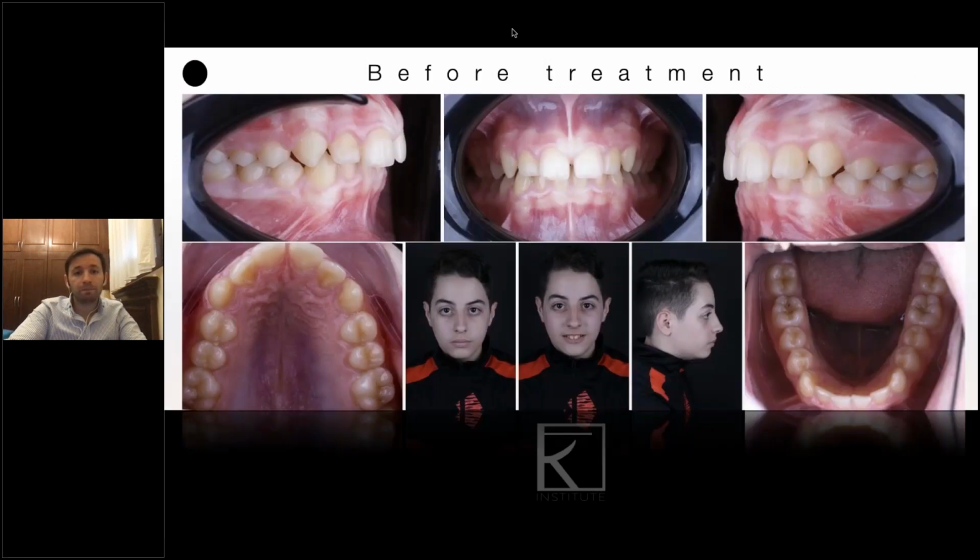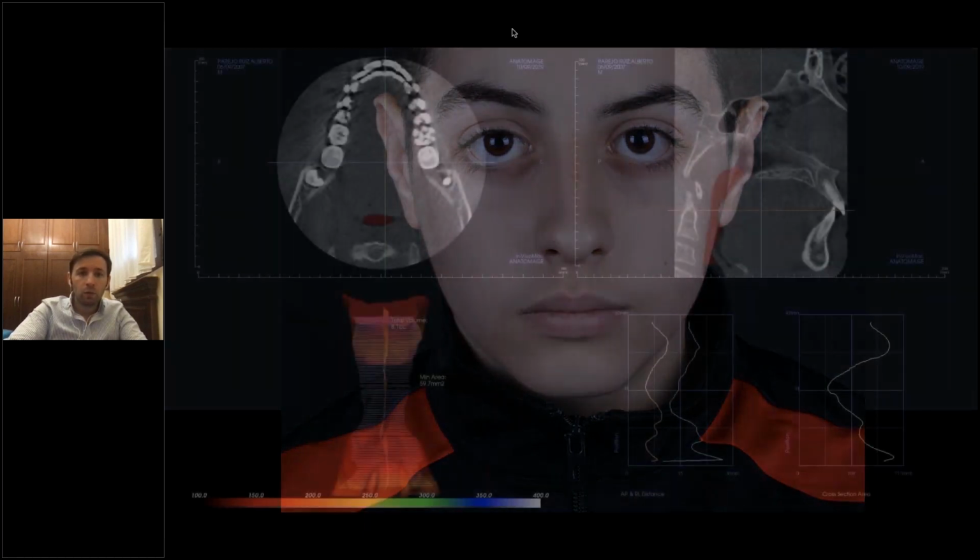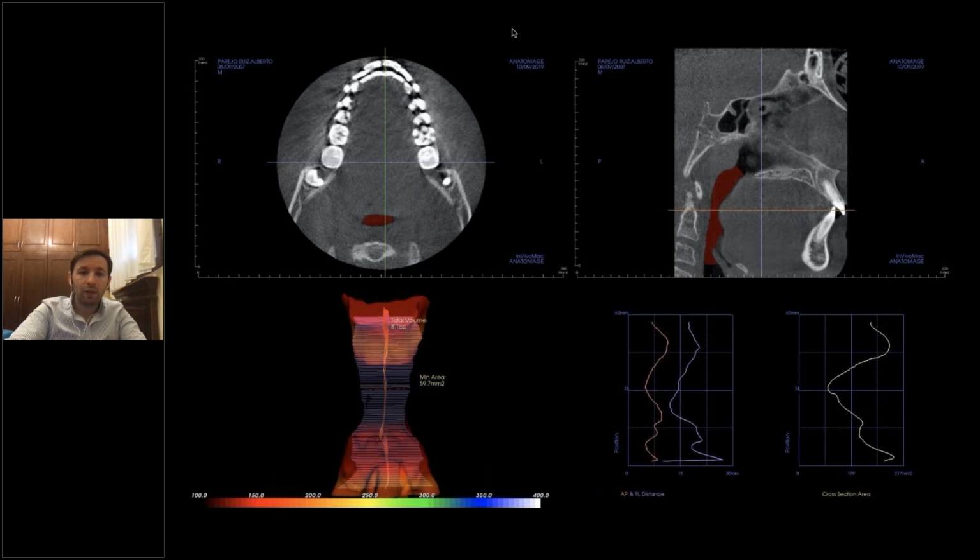Look at this patient. This patient has a problem. This patient has a breath problem, okay? For us, we have the necessity to treat the airways in this patient. If we focus on the minimal area, we can see that the minimal area is 59.